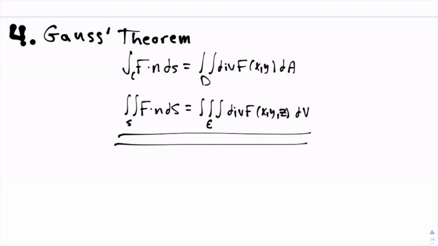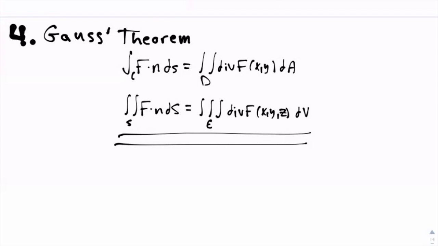Another requirement that must be met is that the boundary of E is a closed surface, and the unit normal vectors point outward from E in the positive orientation.